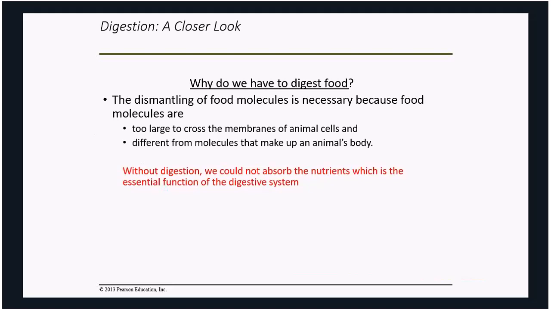To make new skin cells, our body has to break all food down into molecules it can use. Without digestion, we would not be able to absorb any of those nutrients, which is the main function of our digestive system: changing food into things we can absorb.